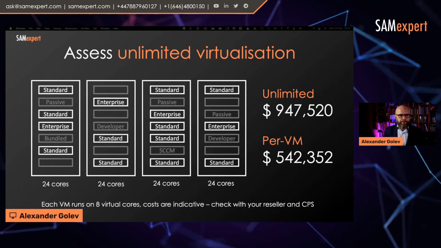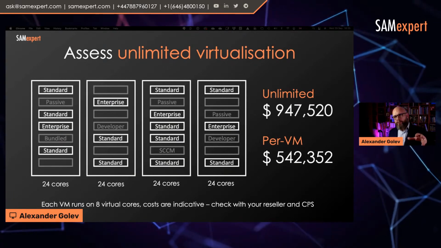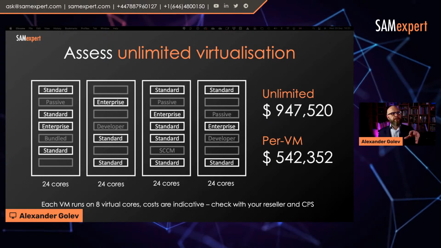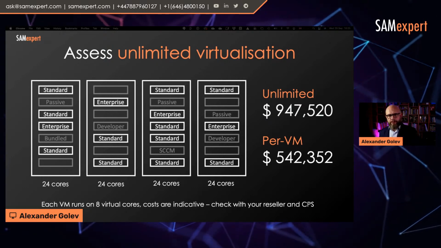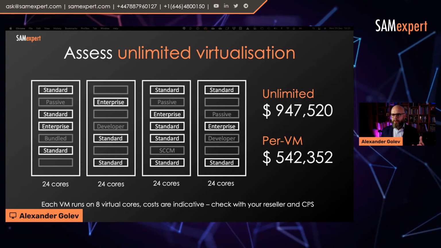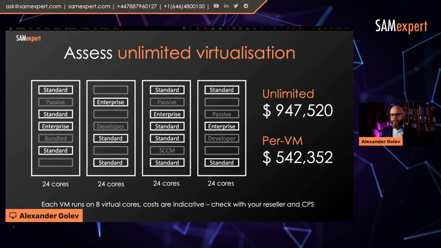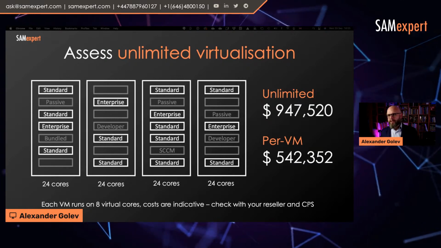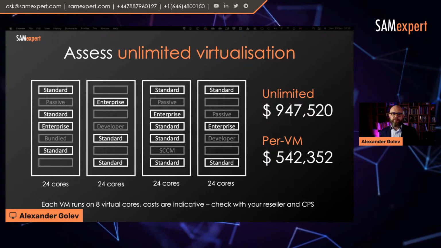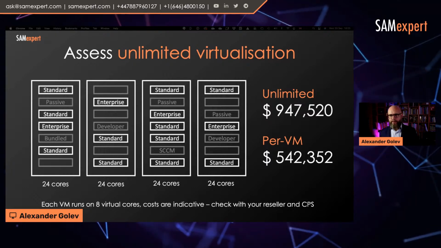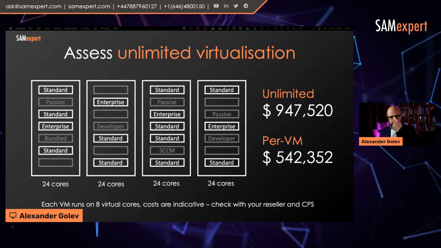This is a slide from a presentation we have here on this channel on how to optimize, called SQL Server licensing and cost optimization. One of the things we always find is that in the majority of cases, unlimited virtualization is more expensive than per-VM licensing. This is an extreme example.